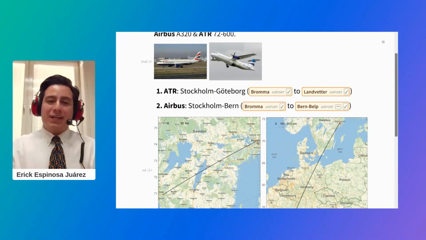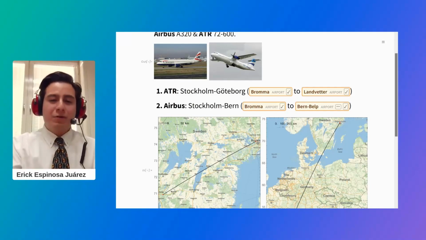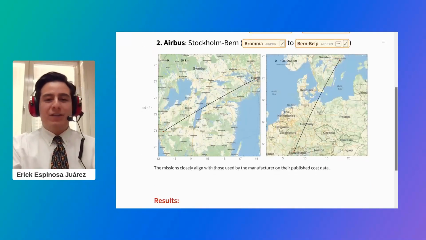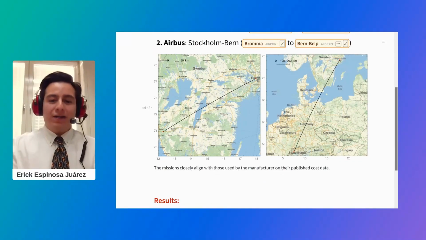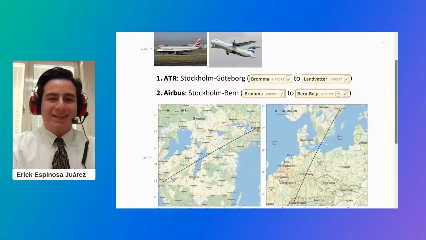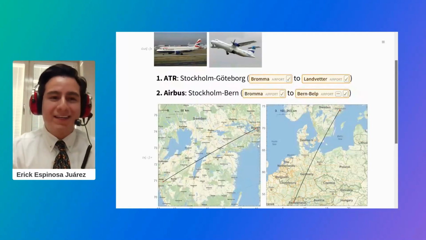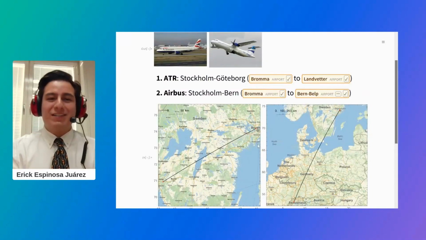And the one for the Airbus, the larger airplane, is Stockholm to Bern in Switzerland. The reason why these were chosen is because these two missions are the ones that most closely resemble the missions that the manufacturer published.